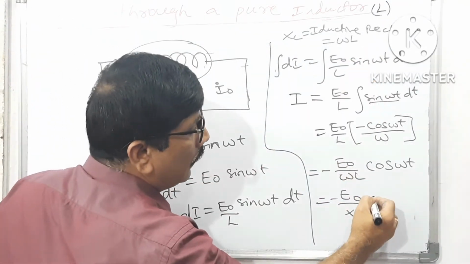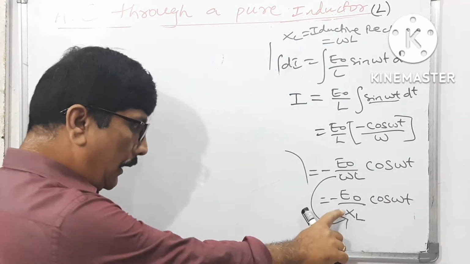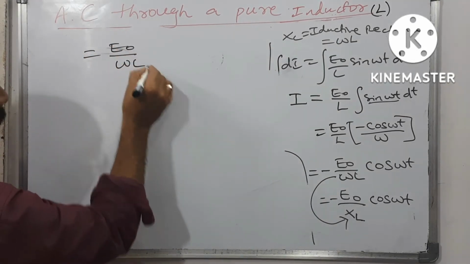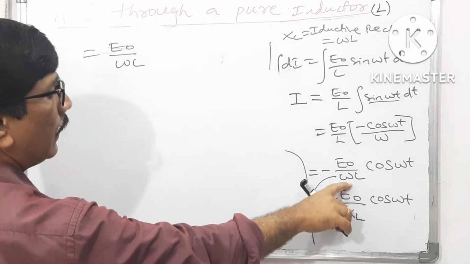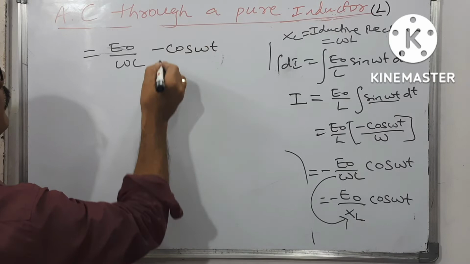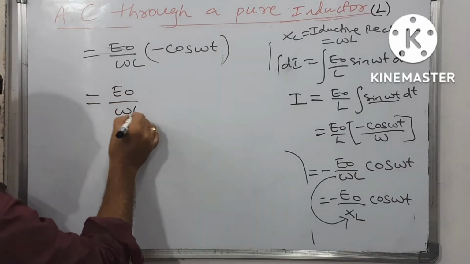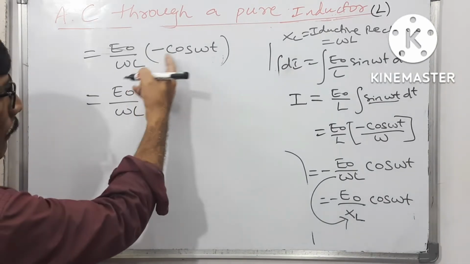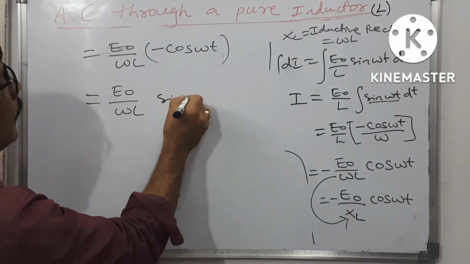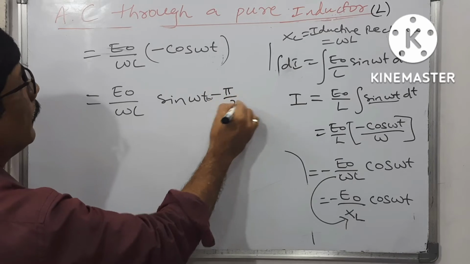Then write cos omega t as it is. Now I am writing this step as it is, E naught by omega L. In the place of XL, again I am writing omega L, times cos omega t. But the minus cos omega t can be written as sin of omega t minus pi by 2.